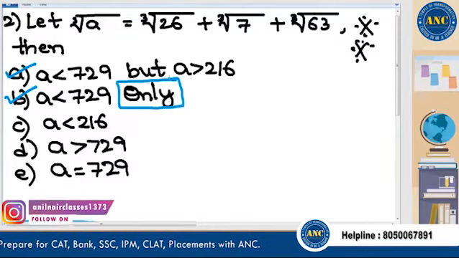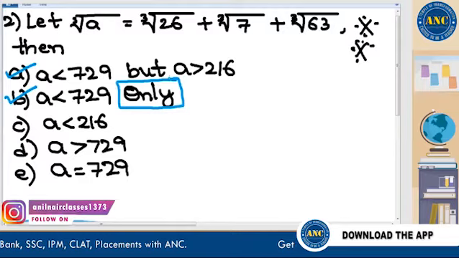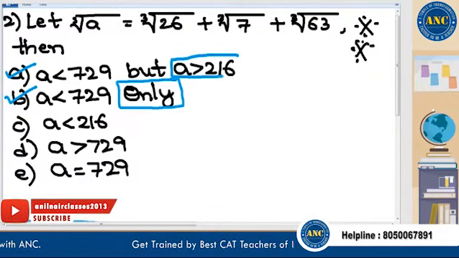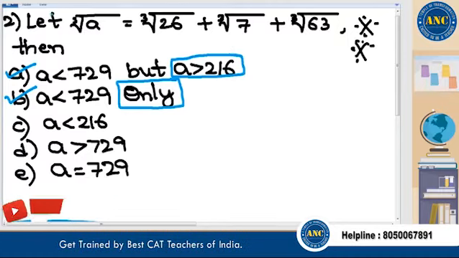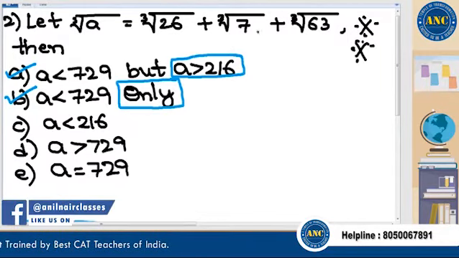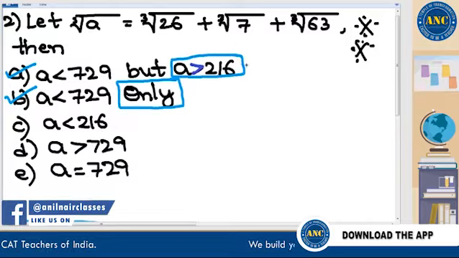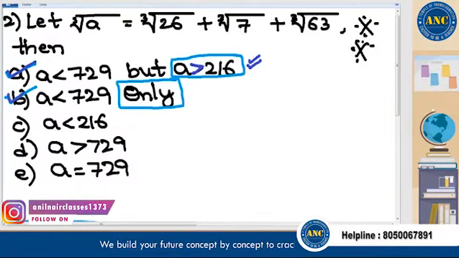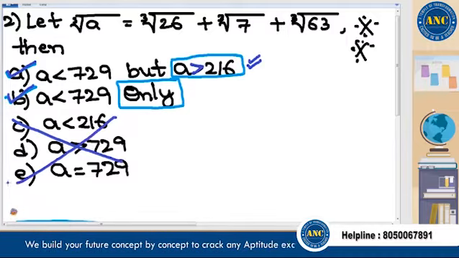In the first option the other condition is a greater than 216. Now let us check whether a is greater than 216 or not. Anyway, the last three options are eliminated, right?